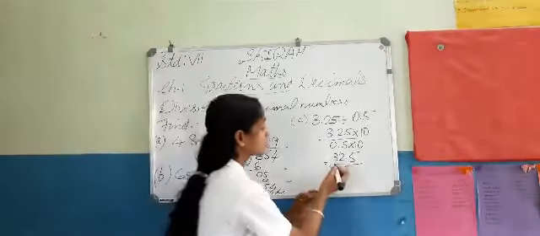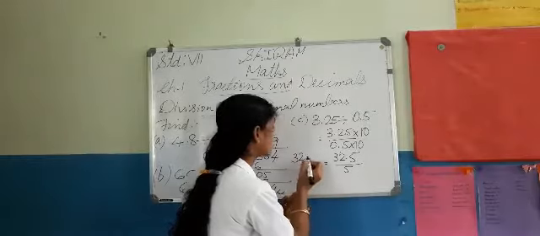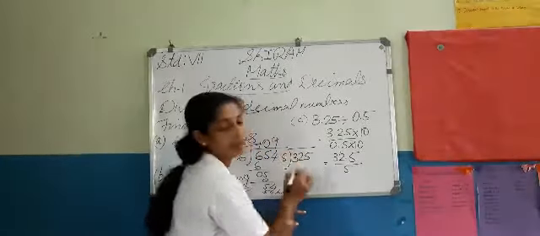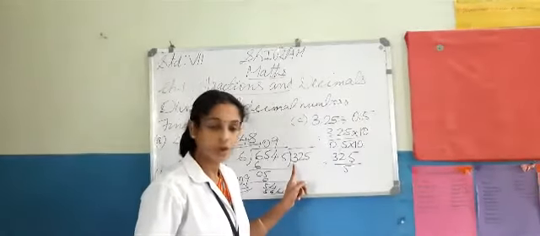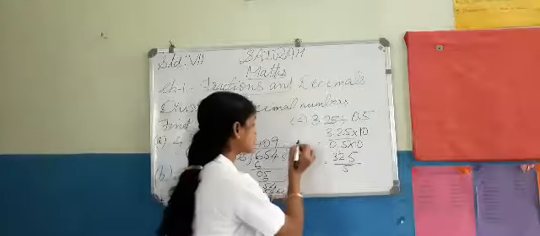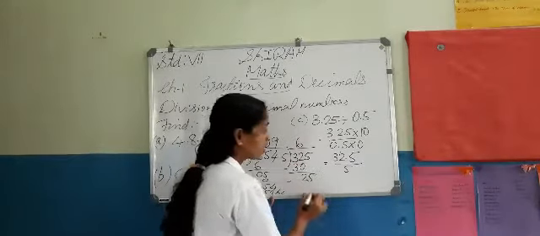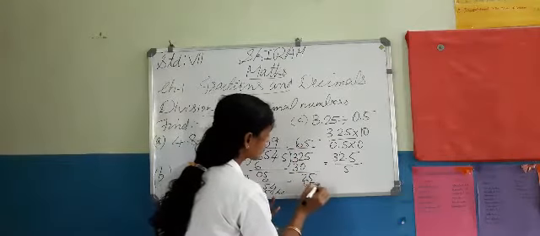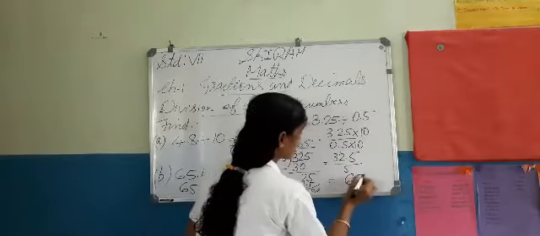Again we treat this decimal number as a whole number, that is 325 divided by 5. Then in 3, not possible; then in 32, 6 times 5 is 30. Then write down 25; in 25, 5 times. We get the answer 65.